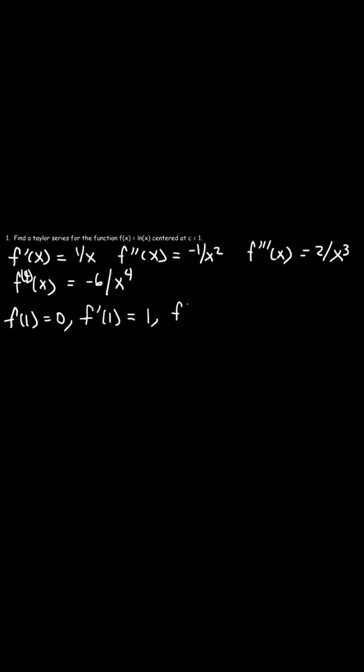And then the second derivative, evaluated at 1, that's negative 1 divided by 1 squared, which is just negative 1. And for the third derivative, it's going to be positive 2. And the value for the fourth derivative, when x is 1, is negative 6 divided by 1 to the fourth, or simply negative 6.